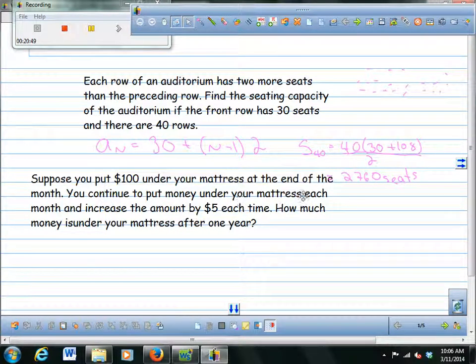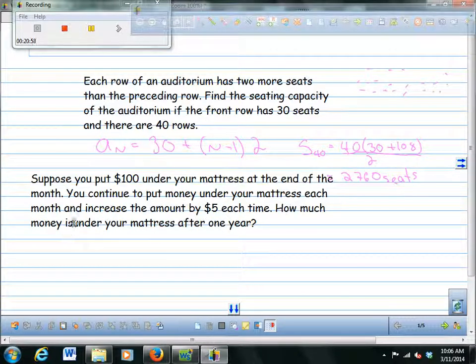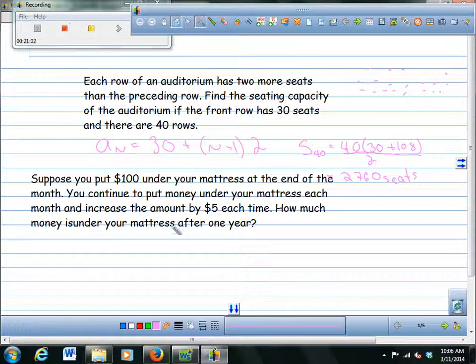You continue to put money under your mattress each month and increase the amount by $5 each time. How much money is under your mattress after 1 year? In this case, you kind of have to figure out the formula, not too hard.